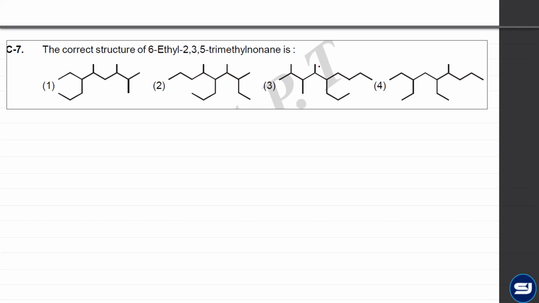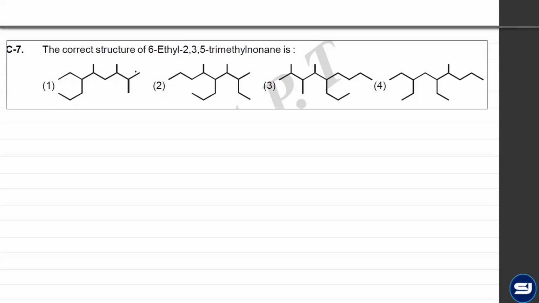So if you start from this carbon, 1, 2, 3, 4, 5, 6, 7, or 6, 7, 8, these are all the possibilities from this carbon. But if I start from this and go to the right, 1, 2, 3, 4, 5, 6, 7, 8, and 9. It gives me a longer chain of 9 carbon atoms, which is now probably the longest chain.